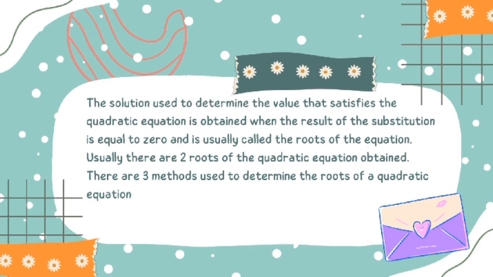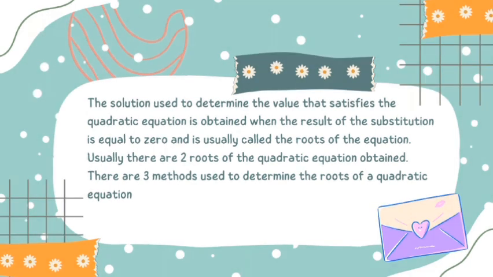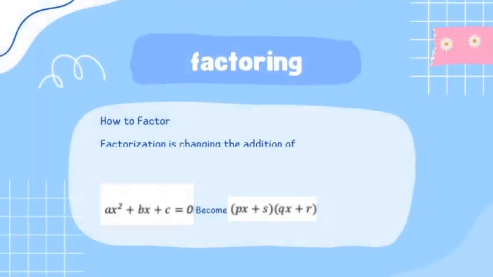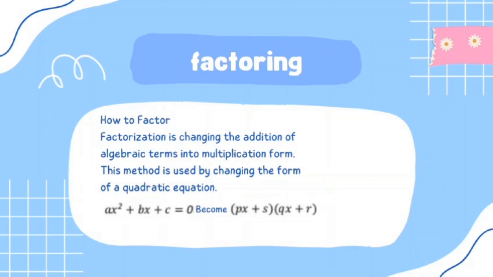Usually, two roots of the quadratic equation are obtained. There are three methods used to determine the roots of a quadratic equation. Here, I only discuss factoring.